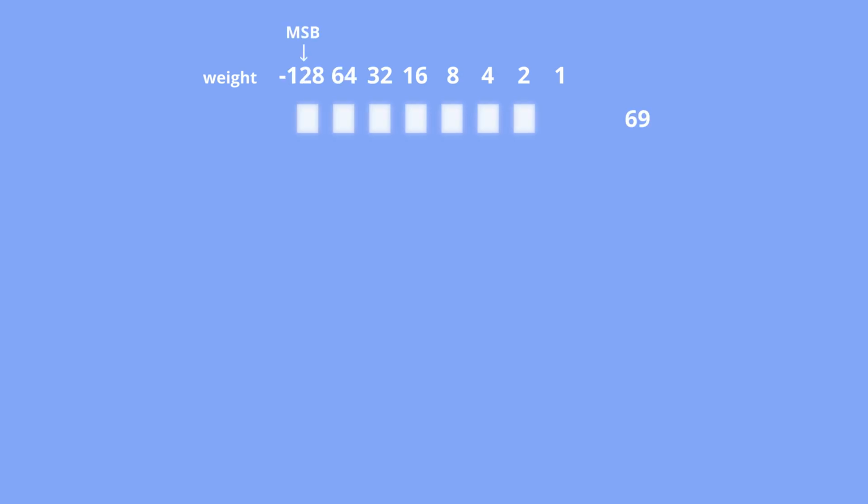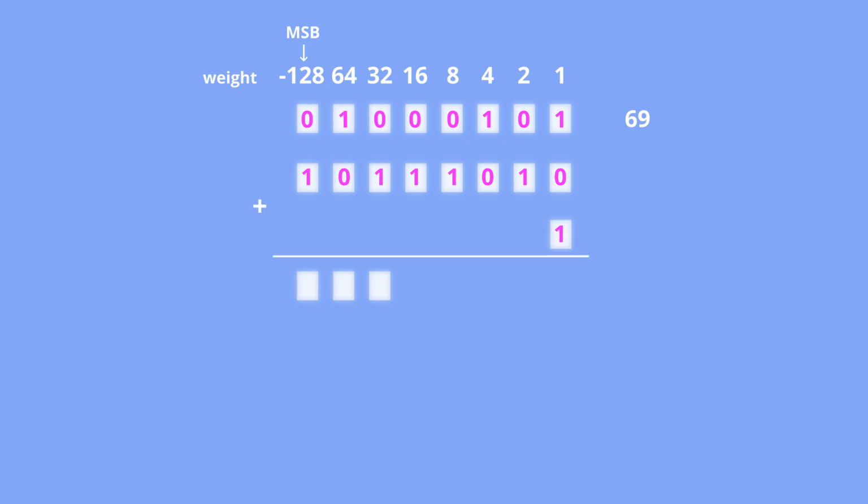Now let's consider what will happen if we repeat the algorithm of inverting bits and adding 1. This is number 69. We invert bits and add 1. This is number negative 69.